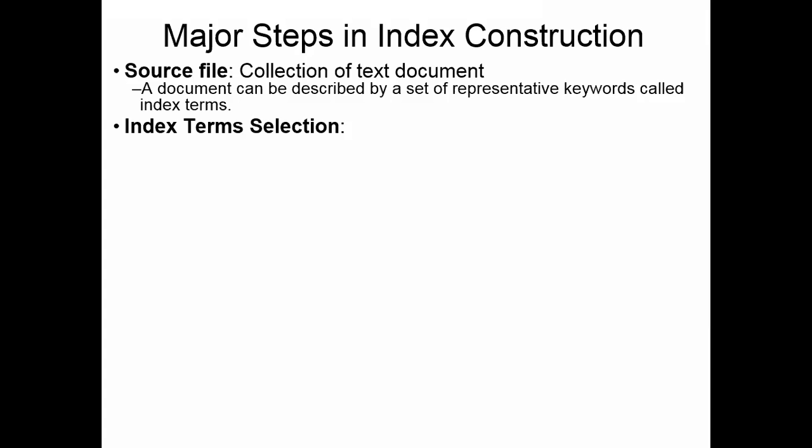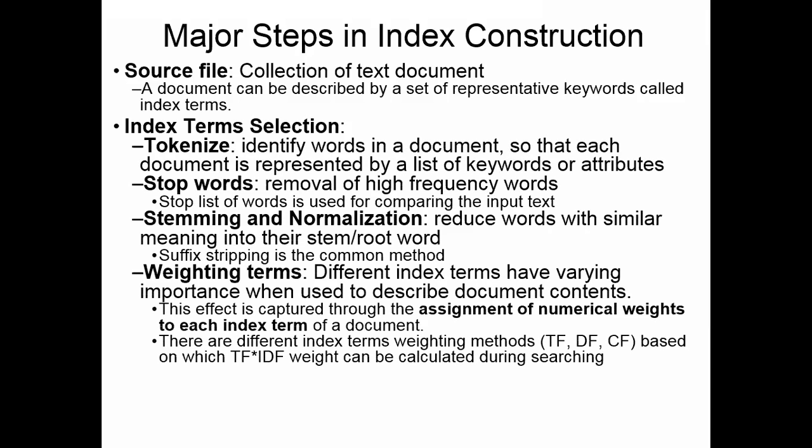As we said earlier, to identify index terms and query terms, especially when selecting non-content bearing terms, we have to go through tokenization, which is always there, then stop word detection, stemming, and normalization. Finally, weighting by applying term frequency, document frequency, and collection frequency.